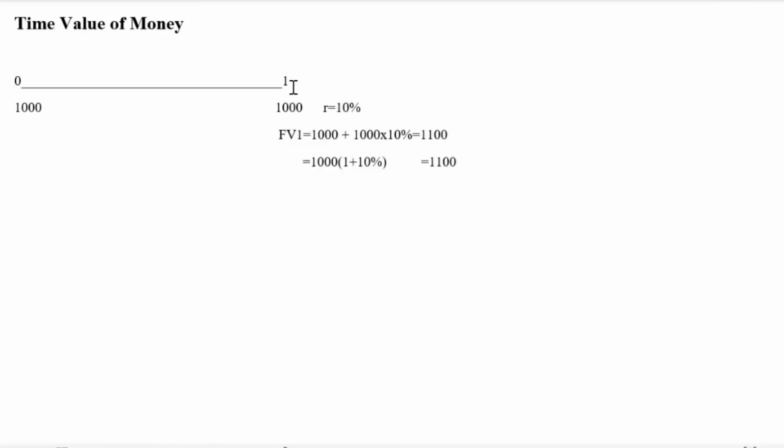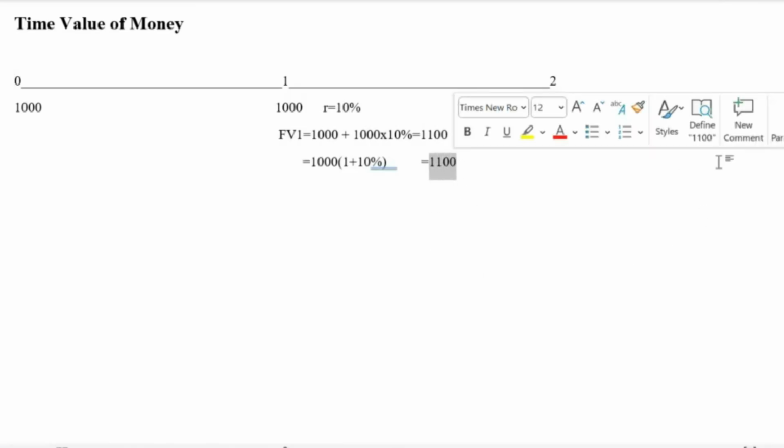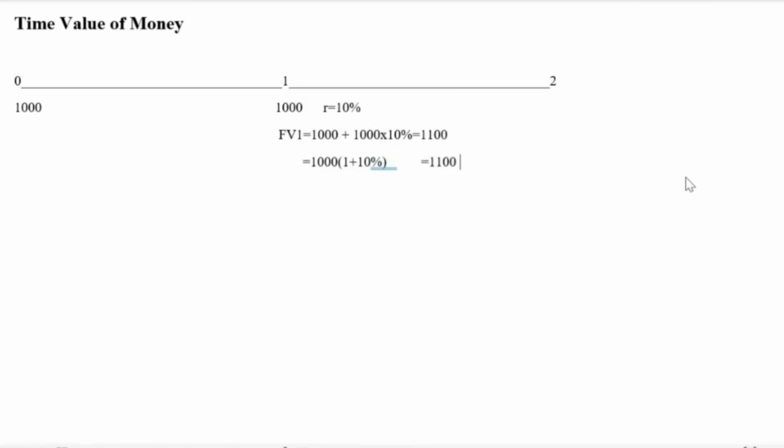So what about after 2 years? What is today's equivalent amount in year 2? Follow the same logic. Today's $1,000 after a year grows to this amount. Then after another year, that means you earn another 10%, so it will grow into this amount.